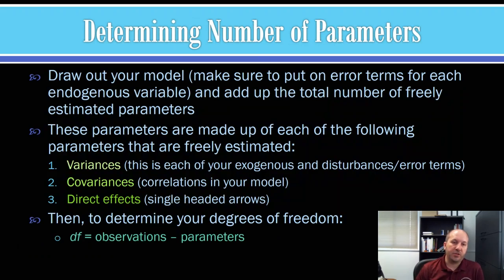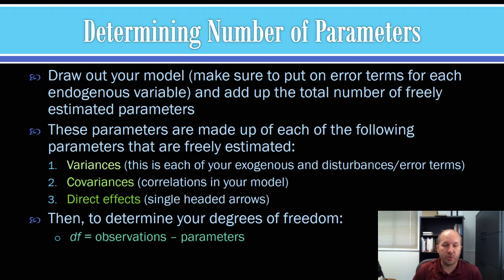So the next thing you need to do is determine the number of parameters. And the way that you determine the total number of parameters is to draw out your model, make sure that you put error terms or disturbance terms for each of your endogenous variables. So everything that has an arrow going into it has an error term or disturbance on it. And then all you do is you count up.